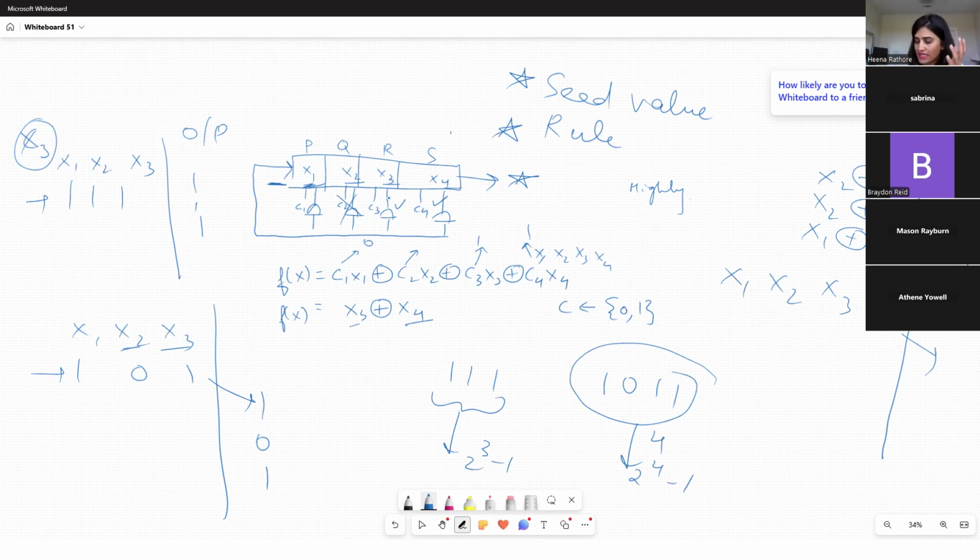If you are taking a 5-bit value, it would be 2 to the power of 5 minus 1, which means the keys being generated would be totally random, and the size of the key would also be larger when you take larger bit values. So that is an important concept of LFSR.